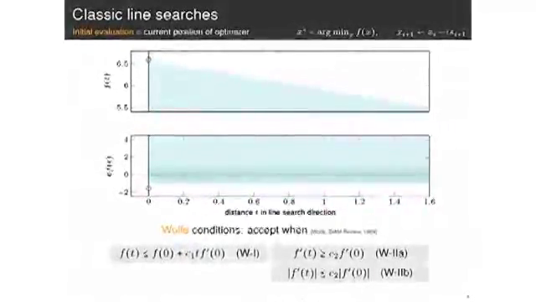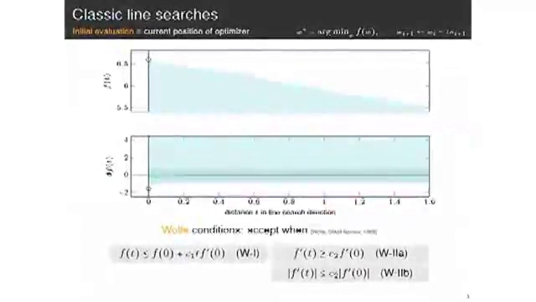The weak version only accepts points whose gradients are larger than the initial gradient, and the strong version only accepts points when the gradients are flatter than the initial gradient.